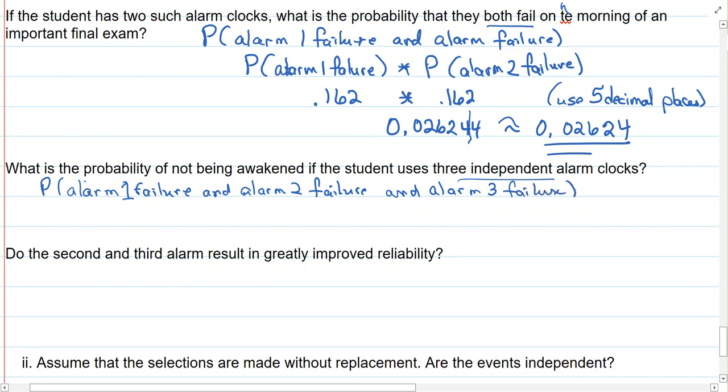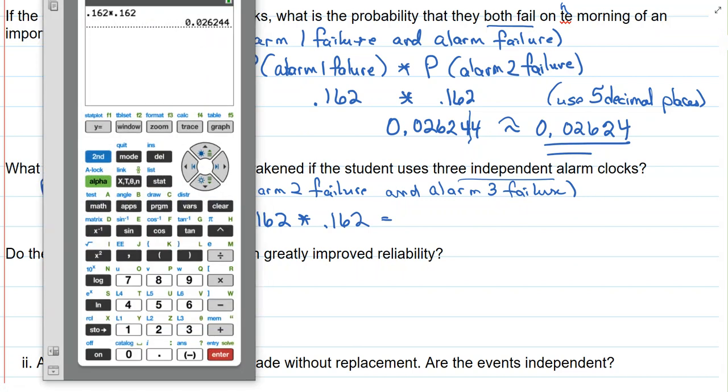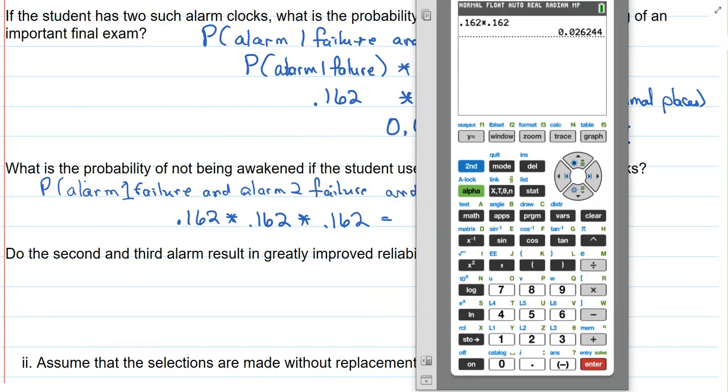Well, each one of the chances of it failing are, of course, 0.162. And those of you that are very smart in math will use an exponent to get the value. So whatever you want to do with your math is okay with me. And I would have done that myself. But I'm showing the events, each one having its own value.